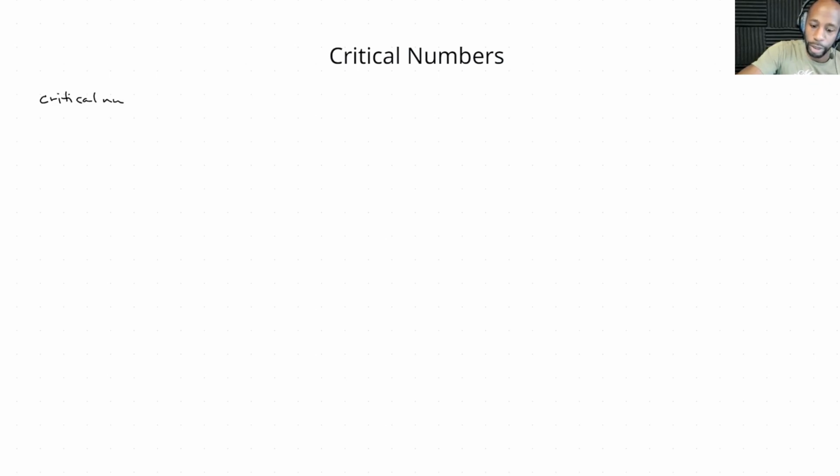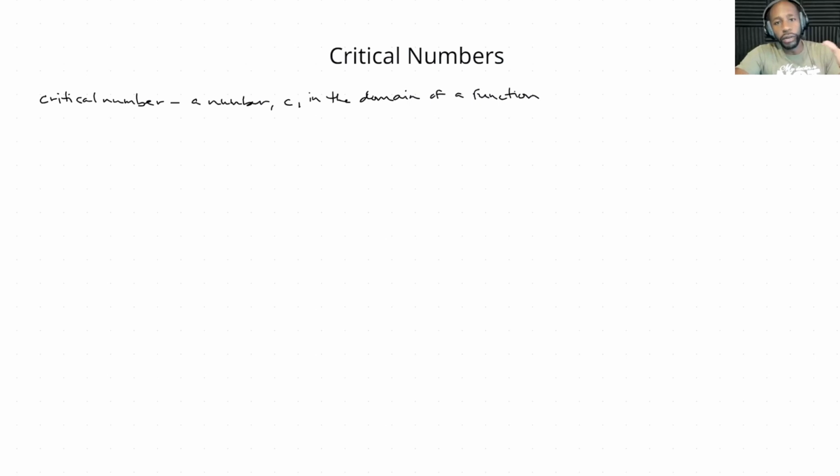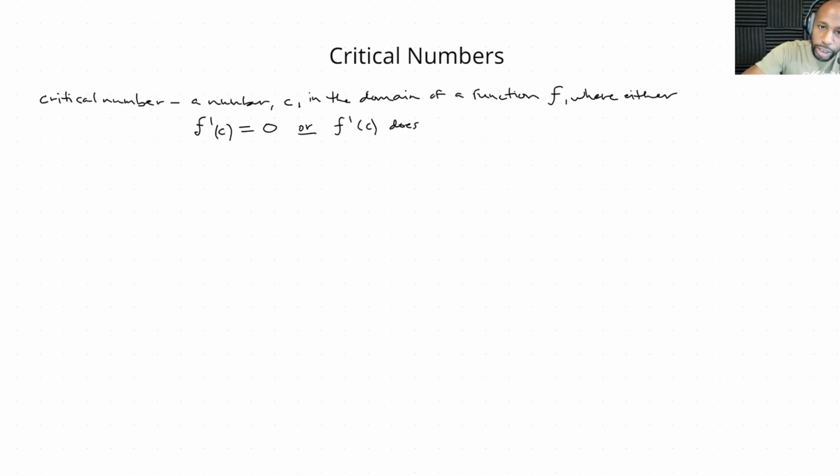A critical number is a number denoted by C in the domain of a function F where either F prime of C is equal to 0 or F prime of C does not exist. If you remember what a domain is, it's just the set of X values that are in a function. Okay, so let's read through that.